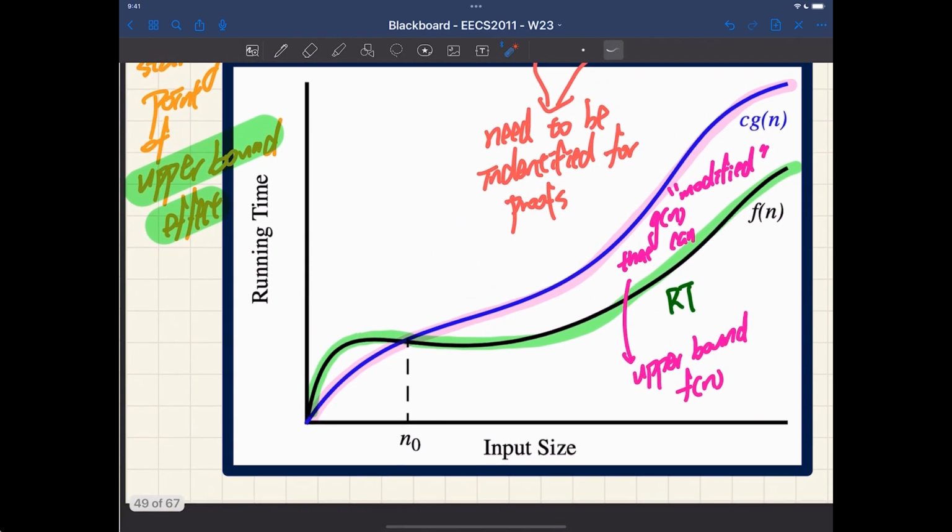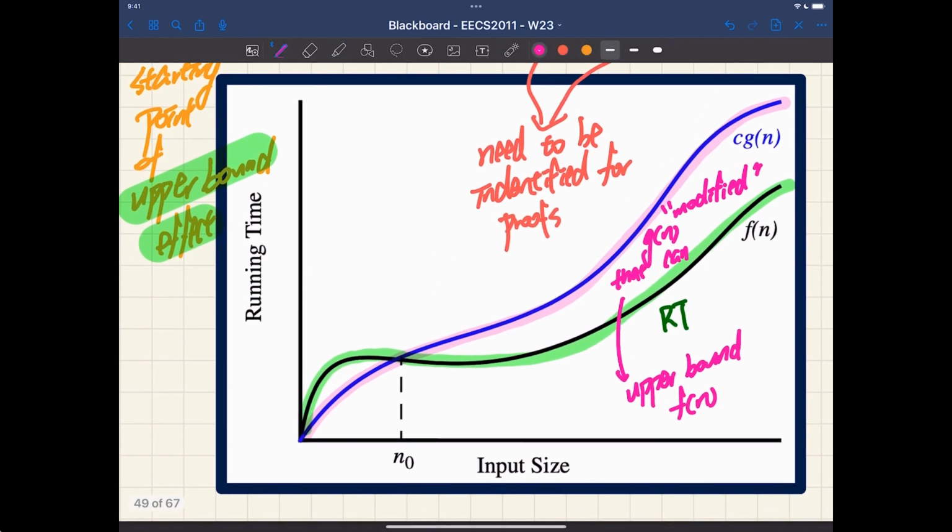So to be more precise, if you look at these two areas, this part right before n0, we are really talking about, if the input size, we talk about n, if n is strictly less than n0, it's not the case.